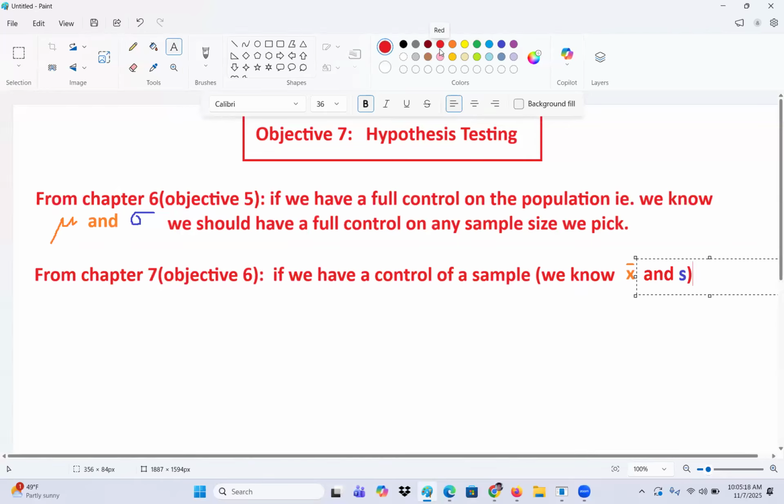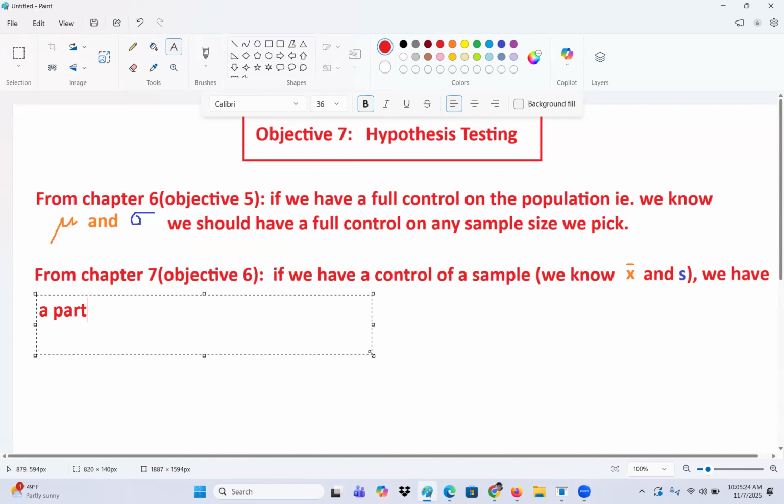So we have partial control on the population, right?